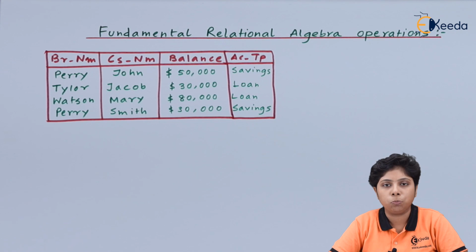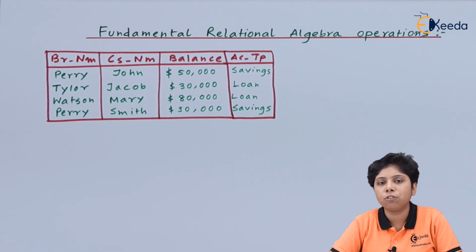So first we have to select according to the predicate that the branch name is equal to Teller, and after that we give the relation name so that we can select all the customer names and their account balance and account type as a result.